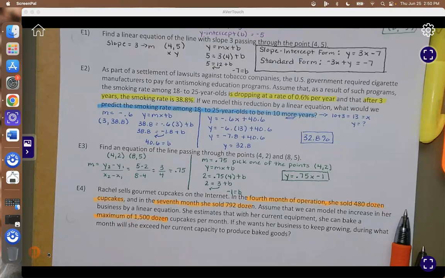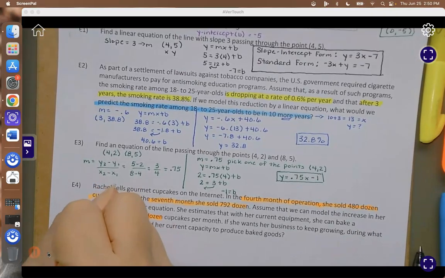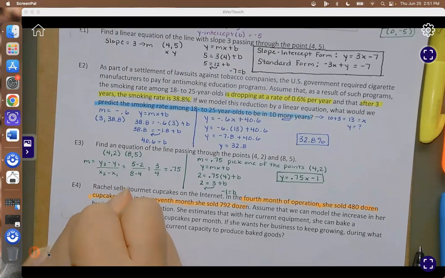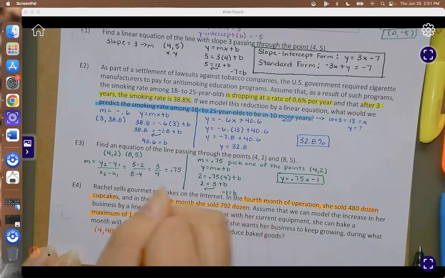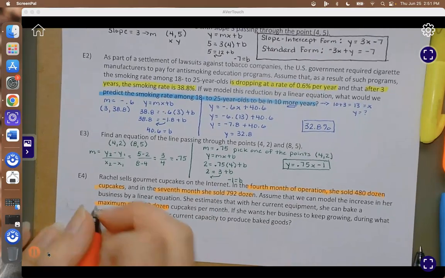Okay, so here we go. So 4th month, so that's 4. She's baking 480 dozen. In the 7th month, she's baking 792 dozen. Okay, so we know what to do. We have to find our slope.